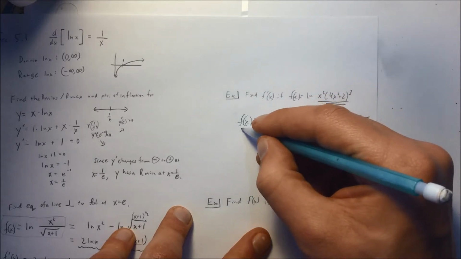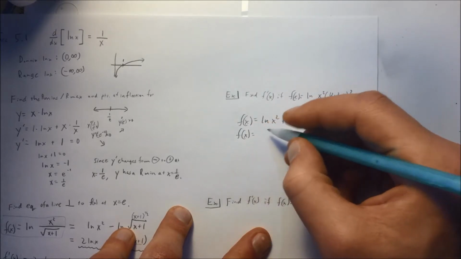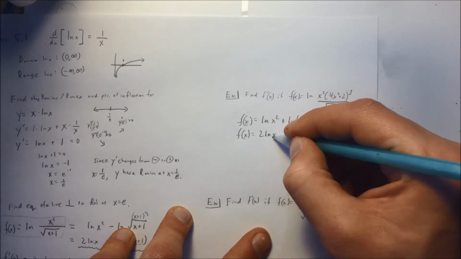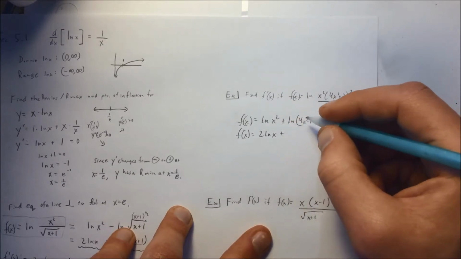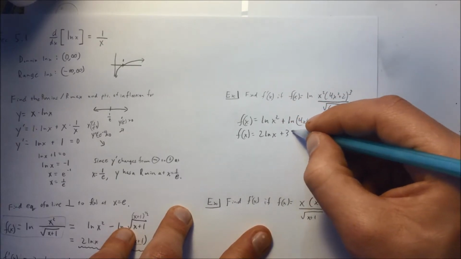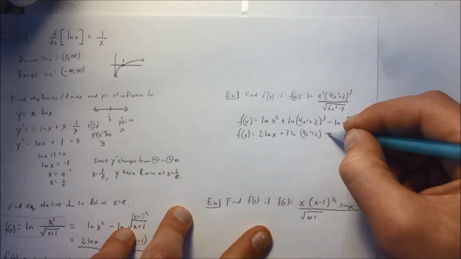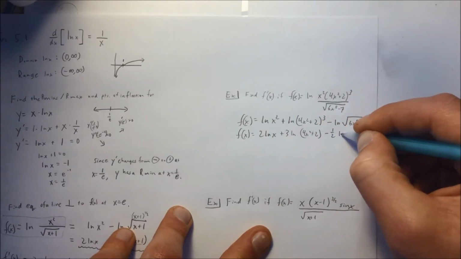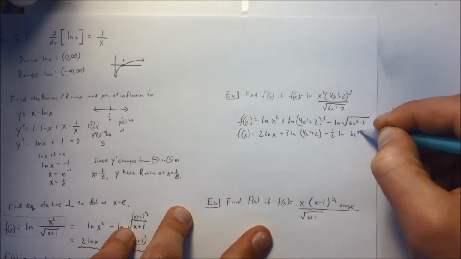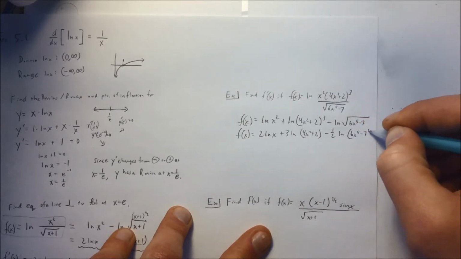And we're going to simplify it even more. 2 times the natural log of x plus 3 times the natural log of 4x squared plus 2 minus 1/2 the natural log of 6x to the fifth minus 7.